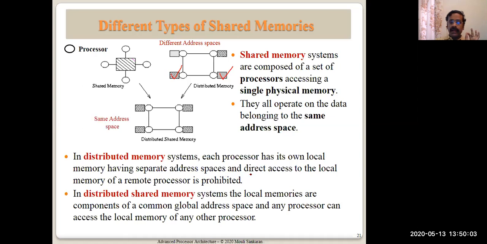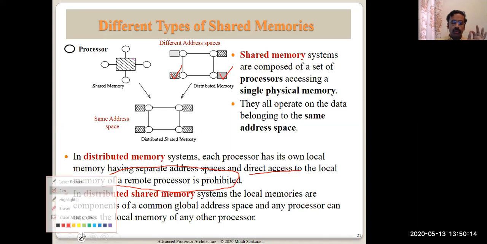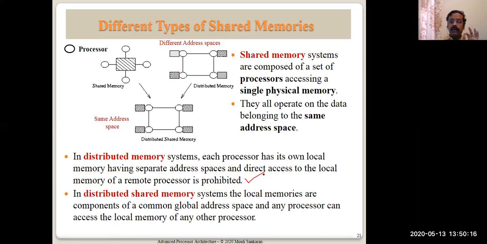Now, direct access to the local memory of a remote processor is prohibited. It is not always true, but if it is running different processes and needs to be protected, then it will be prohibited. Local memory has separate address spaces, and direct access to the local memory of a remote processor is prohibited. In the sense, there should be some control mechanism involved.